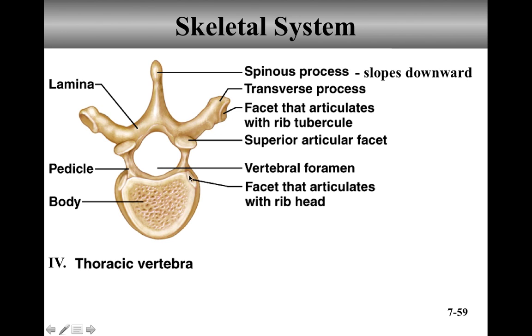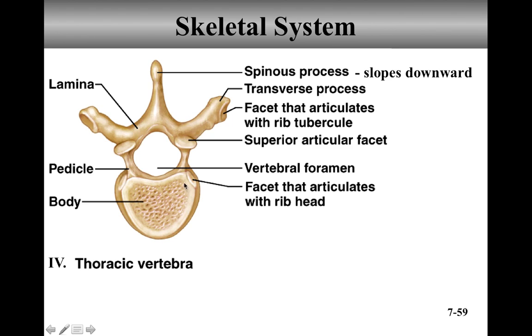But there are a couple of facets, and it's very cool to see this is where your ribs actually attach to these vertebrae. So I told you there'd be little clues that would tell you whether the vertebra you were looking at was cervical, thoracic, or lumbar. This is one of those examples.